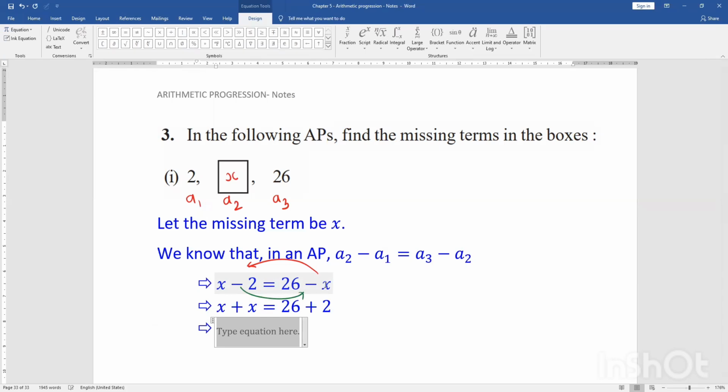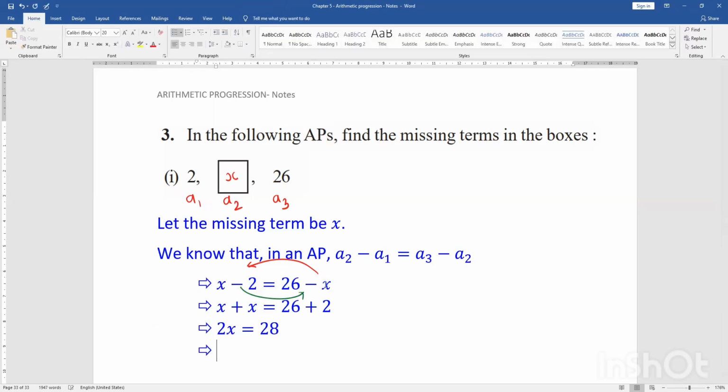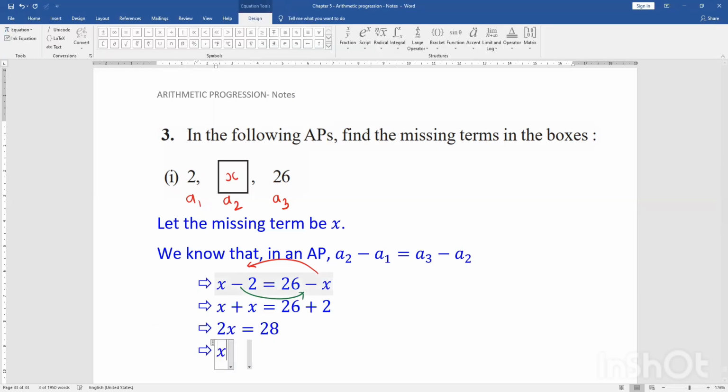And then x plus x should give you 2x. 2x equals 26 plus 2. 26 plus 2 is 28. And then how much is it? Or x is equal to 28 by 2. 28 by 2 is equal to 14.